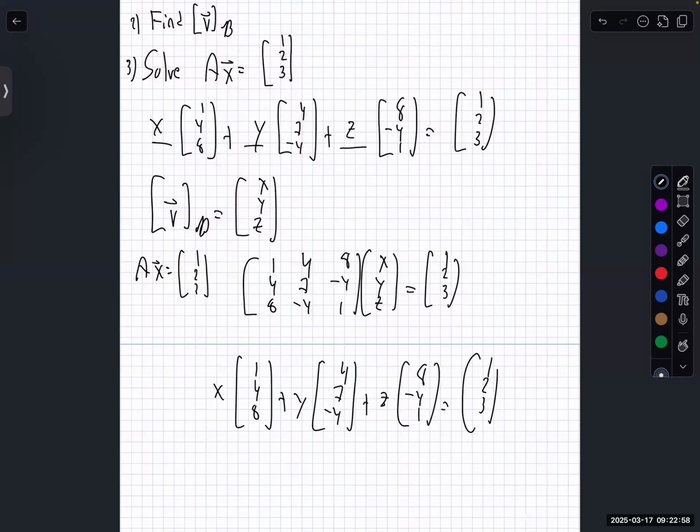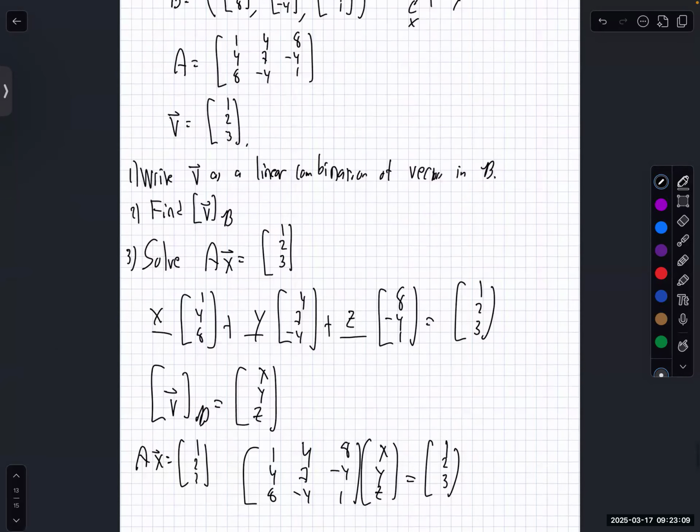So we've done this problem several times and just reworded in a slightly different way.